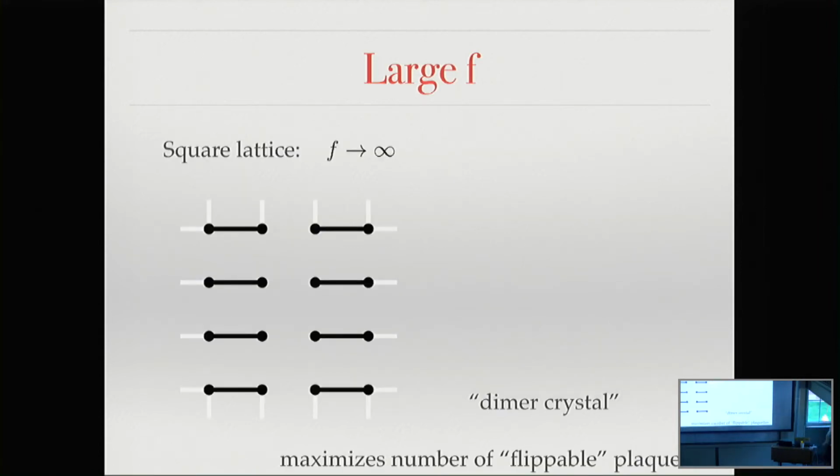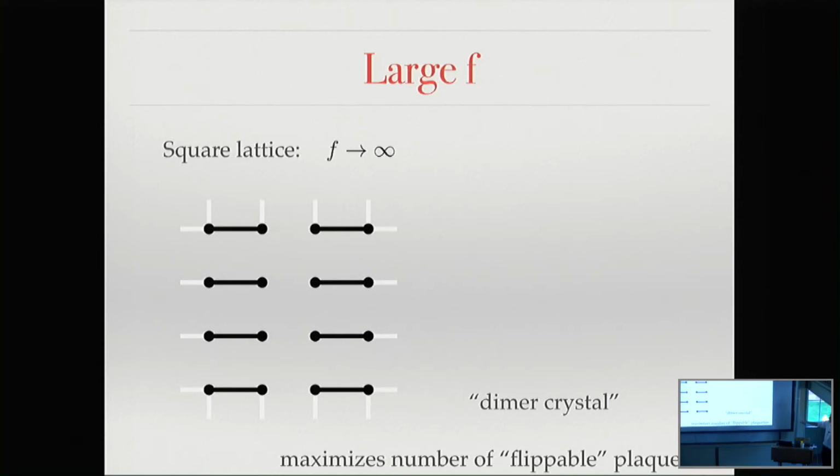Okay, so what are the states you get from this model? If I go to the large f limit, what I expect is that I'm going to get a dimer crystal phase, where you're going to get mostly nearest neighbor singlets, and they're going to line up in these sort of ladder type things.